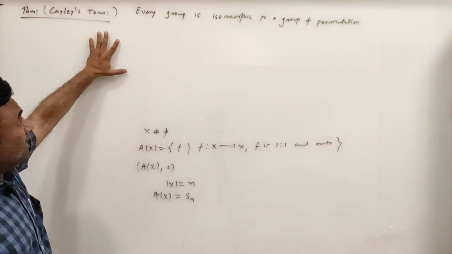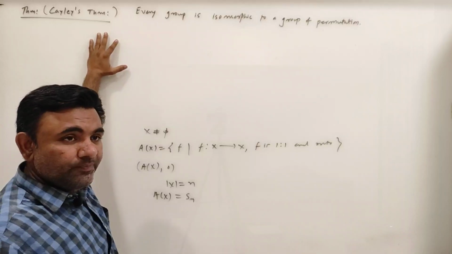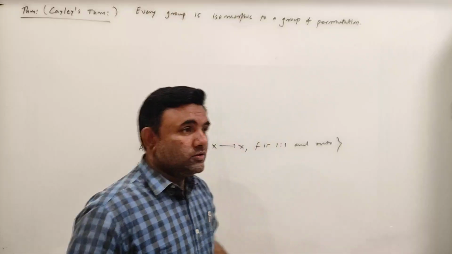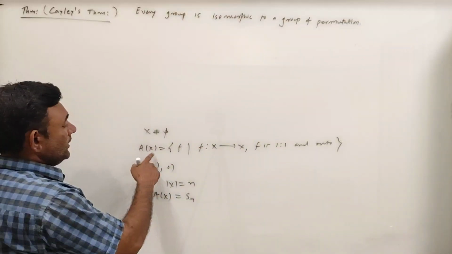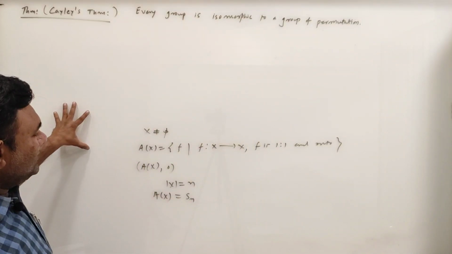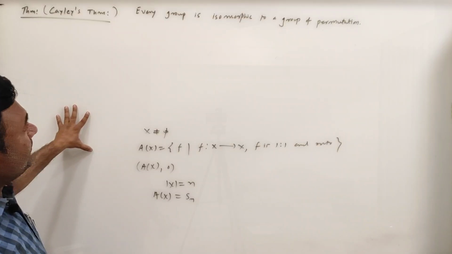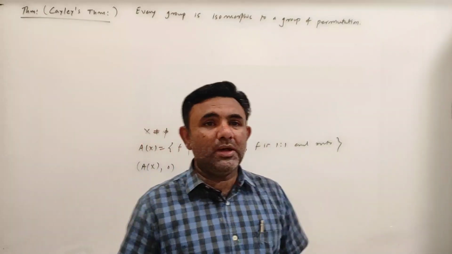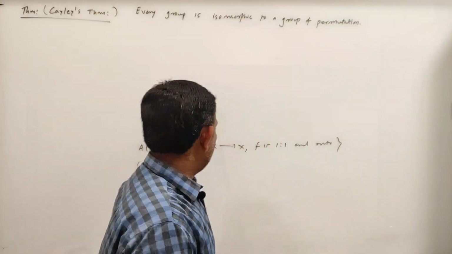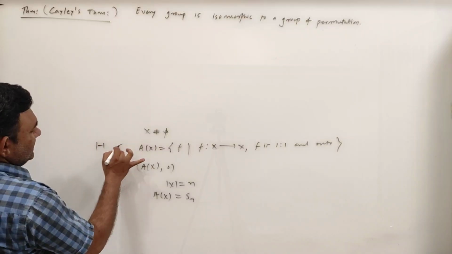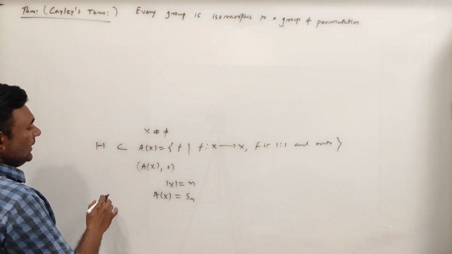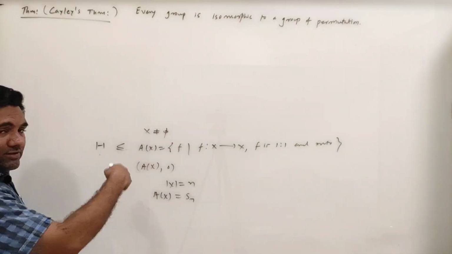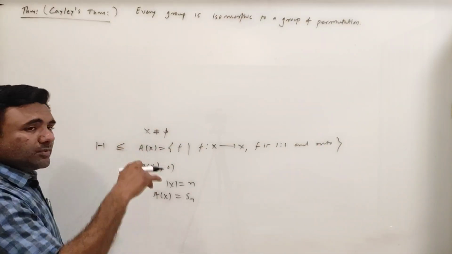So what is this result saying? You take any group, then you will find some X so that it is isomorphic to AX, or you may say it is isomorphic to some subgroup of AX. That subgroup is by itself a group. So I take any subgroup of AX, say H, a subset of AX; in fact H is a subgroup of AX. So H will also contain permutations.